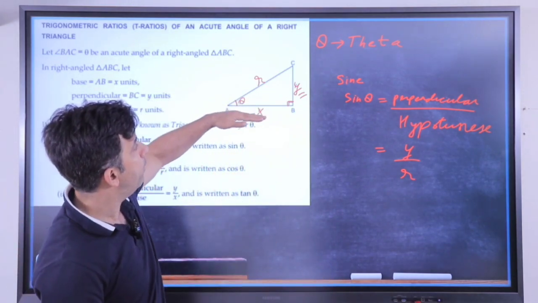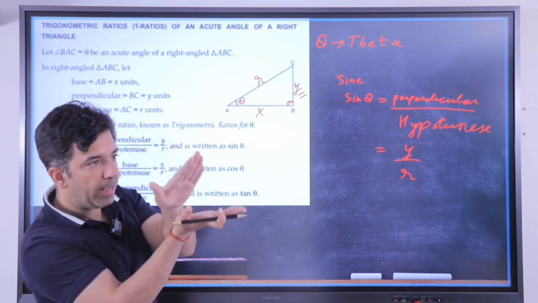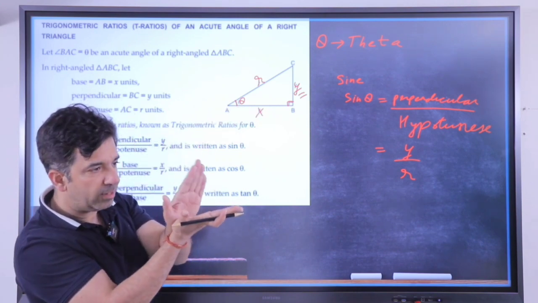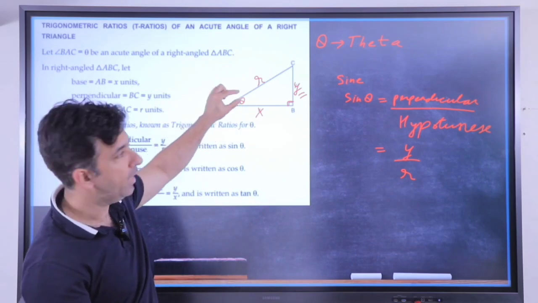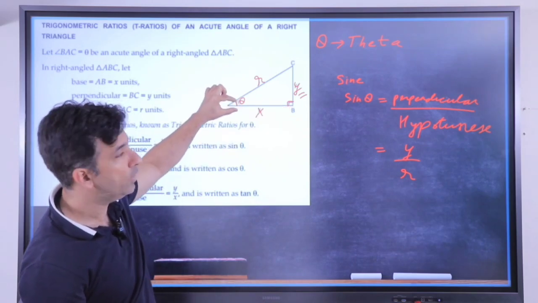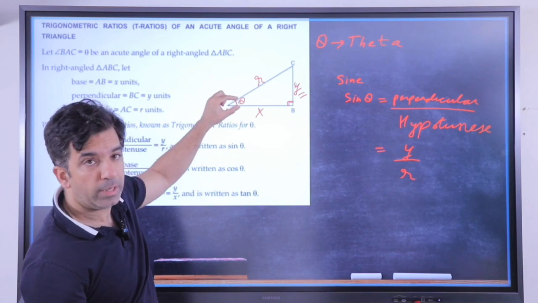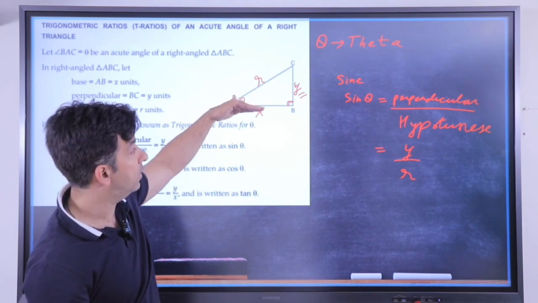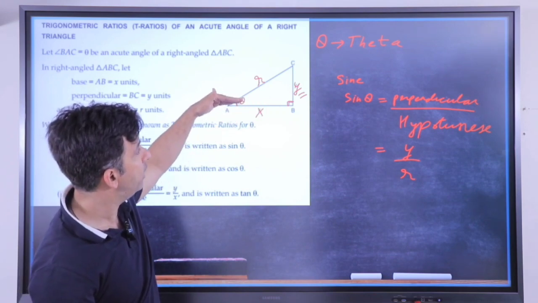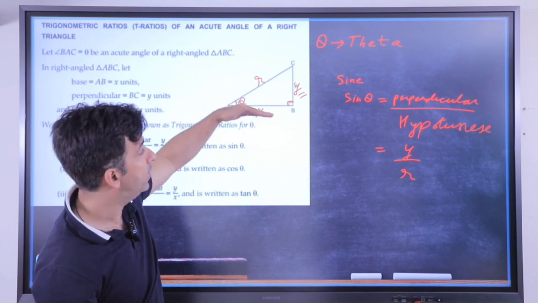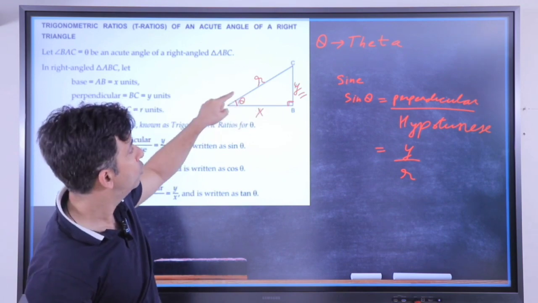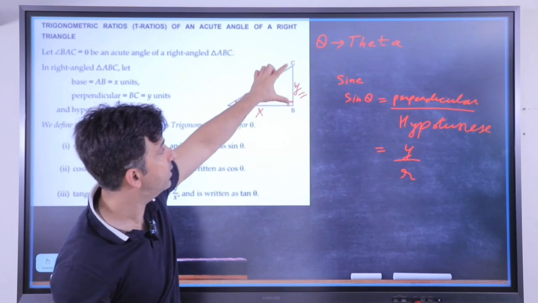So just remember and say it with me: sin theta is perpendicular upon hypotenuse. Look, this is the base, the side associated with the angle theta, the side where theta connects with the side other than the hypotenuse. So this is the base, this angle is theta, this is the height.